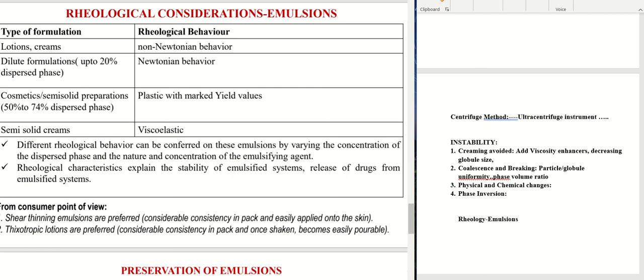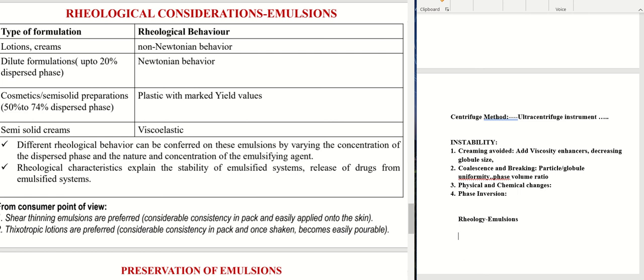Is it really important to know or consider the viscosity parameters or flow properties of a formulation like an emulsion? Yes, it is really important. We being pharmacists, it is not just to formulate or manufacture a formulation. It is our duty to even store the formulation properly.